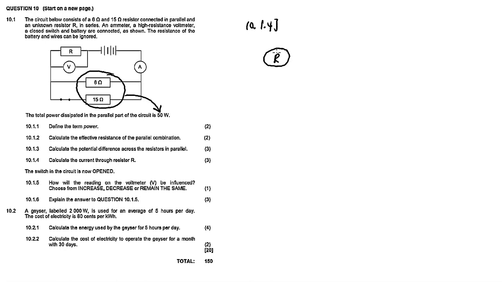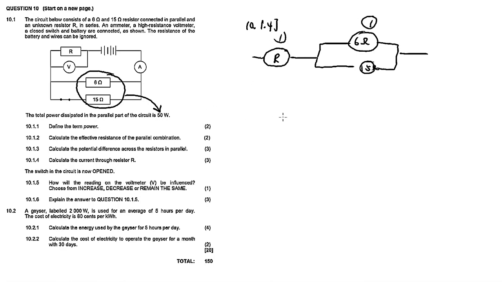Resistor R, and then this parallel connection, 6 as well as 15 ohm, they are connected in series. This one and this one are connected in series.